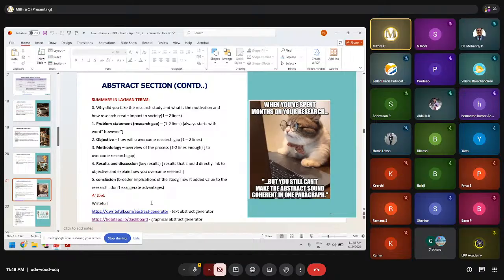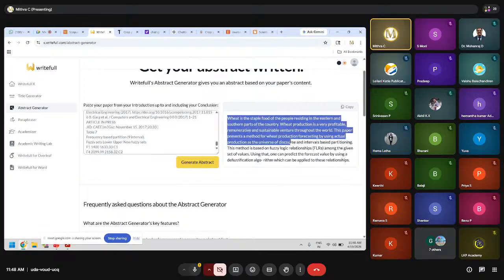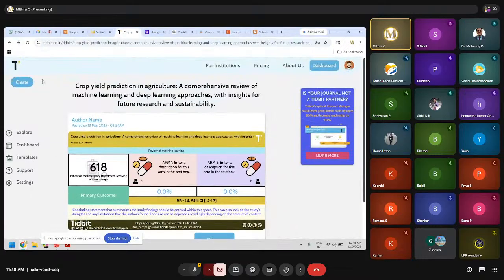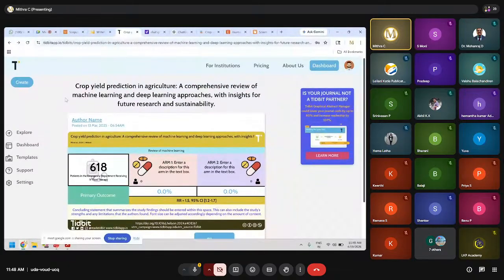And nowadays we come across another one, the graphical abstract generator. Rather than textual, we are also using graphical abstracts, and that is called the Tidbit app. It is a tool called Tidbit, where we can manually approach.